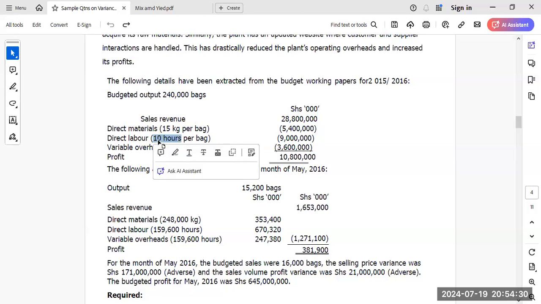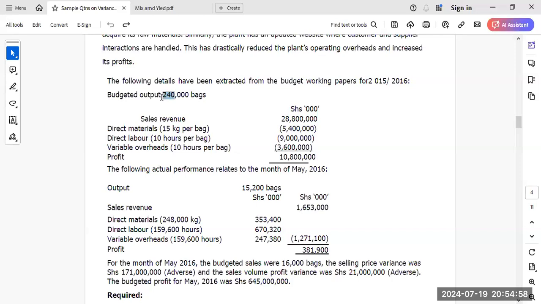Here, what we have is only 10 hours per bag, but we need to know what is the direct labor cost per hour. How are you going to get direct labor cost per hour? The same way we calculated direct material cost per kg. Get this figure, divide by 240.